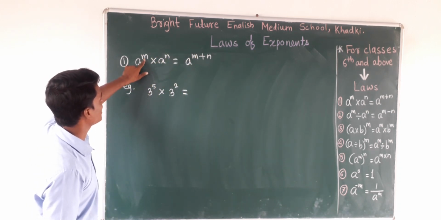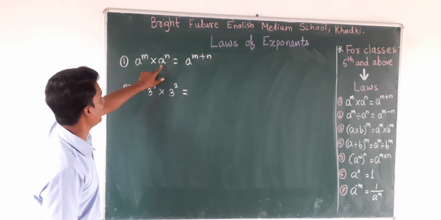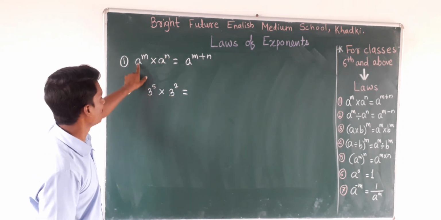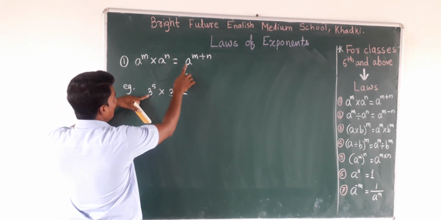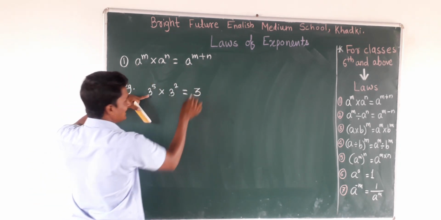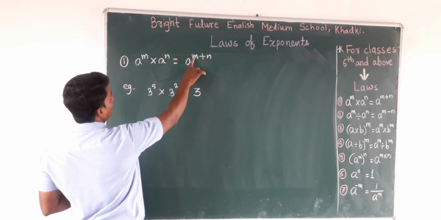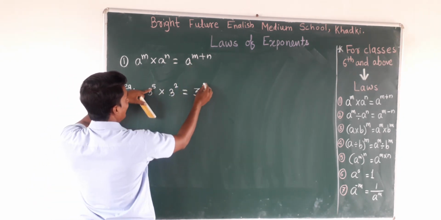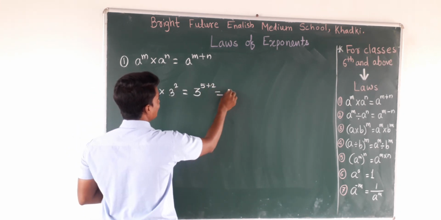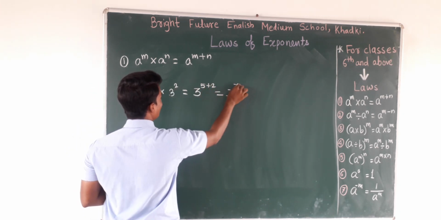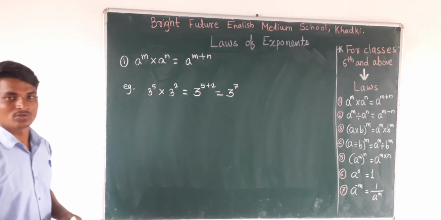So the value of m is 5, the value of n is 2, and a value is 3. So what will we write as its answer? We write the base a single time, so we write base 3 here. And we have to add the power. The power of m is 5 and n is 2, so we directly write 3 raised to 5 plus 2, 7. So its answer is 3 raised to 7.